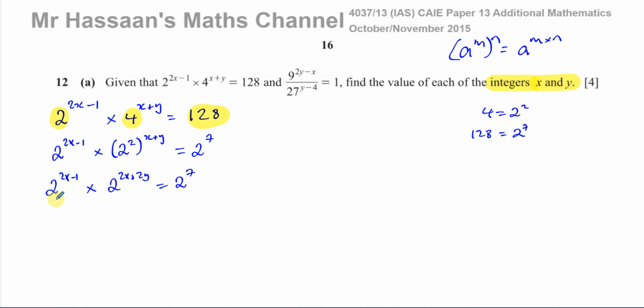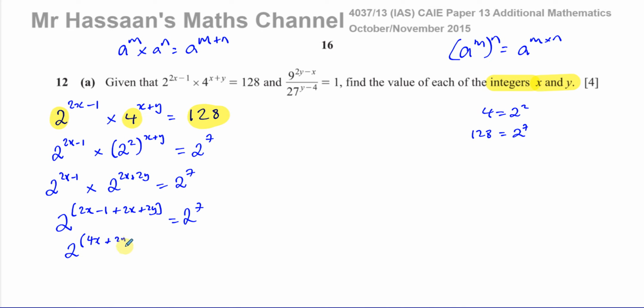I also know that when I multiply two numbers in index form with the same base, like a to the power of m times a to the power of n, I add the powers. So I can express this as 2 to the power of 2x minus 1 plus 2x plus 2y, and that's equal to 2 to the power of 7. If I simplify, it will be 2 to the power of 4x plus 2y minus 1 equals 2 to the power of 7.